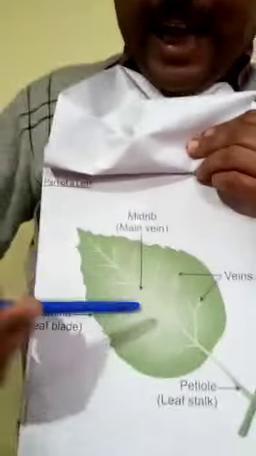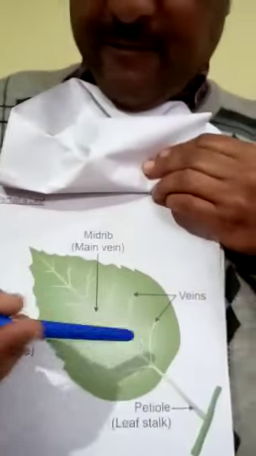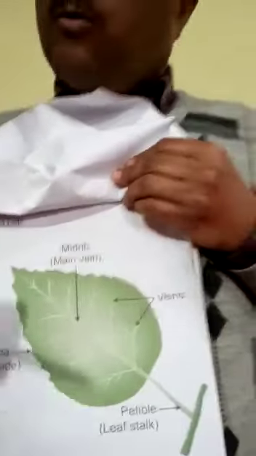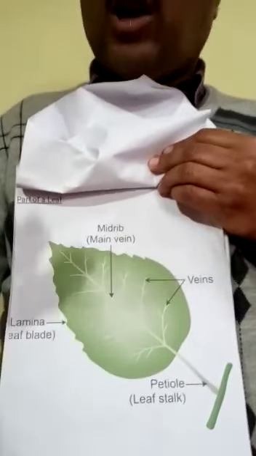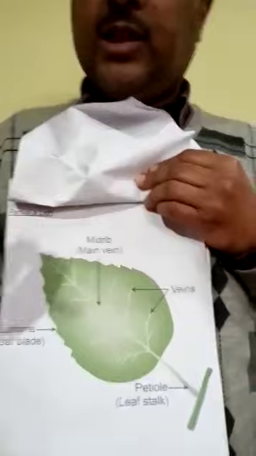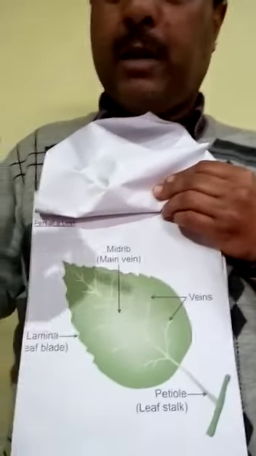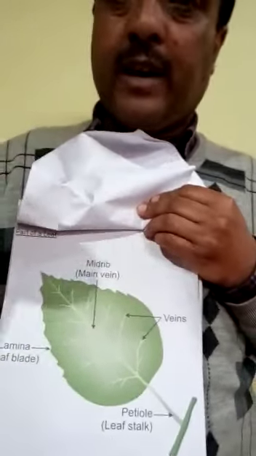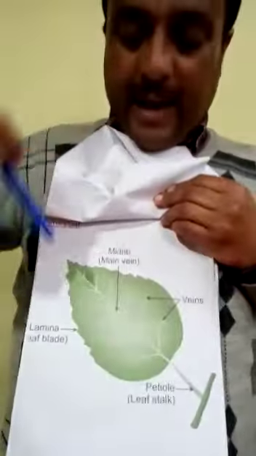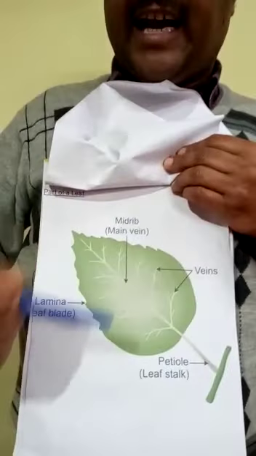Again, because of how these veins are arranged, we can classify these angiospermic plants into two different categories, which we will discuss later on. We have two main types of venation: parallel venation and reticulate venation.